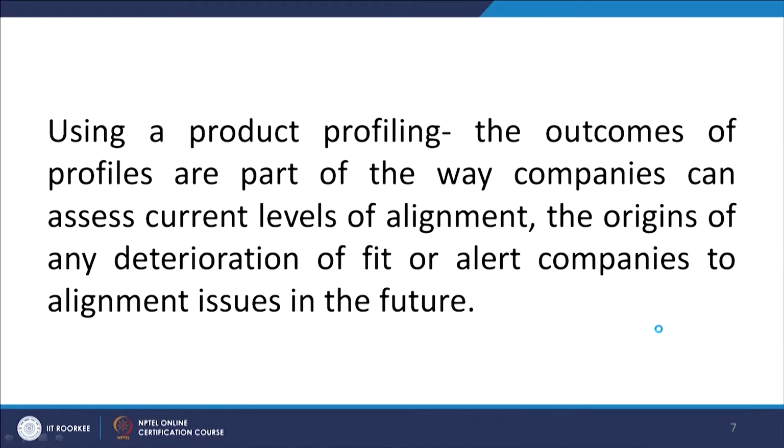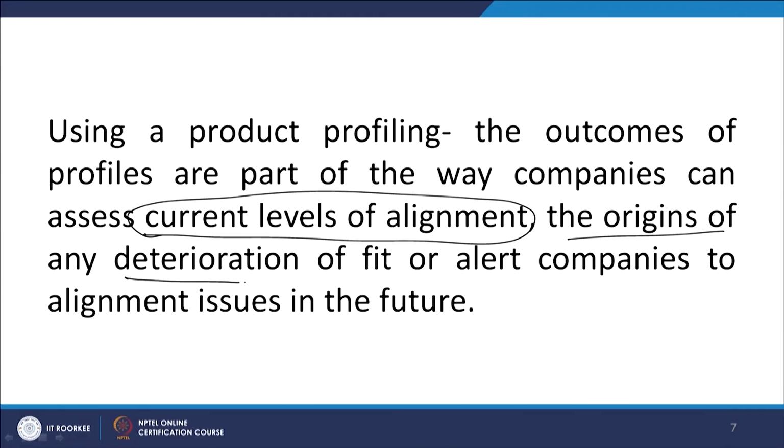the final word related to product profiling is that the outcomes of profiles are part of the way companies can assess their current level of alignment. This is the first important outcome, that we are able to assess our current level of alignment between the infrastructure, the investments we are making and the products we are serving, and the origin of any deterioration of fit.